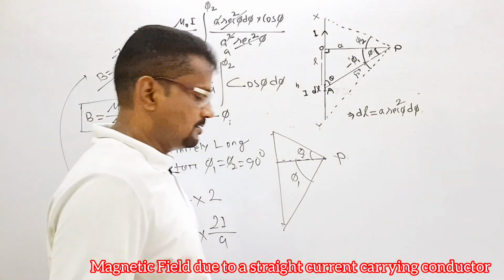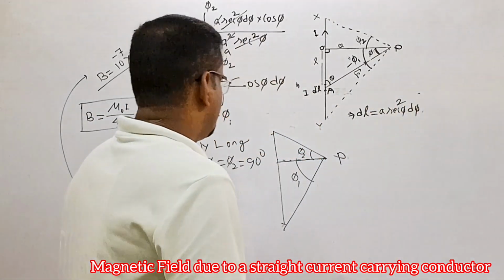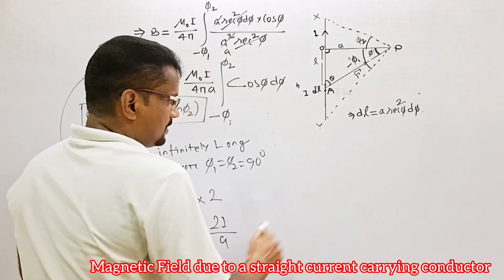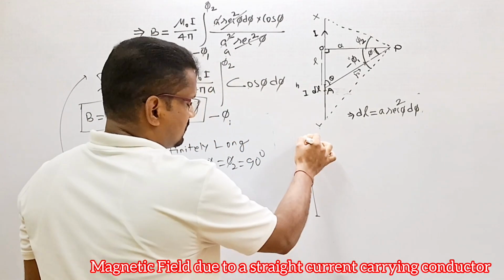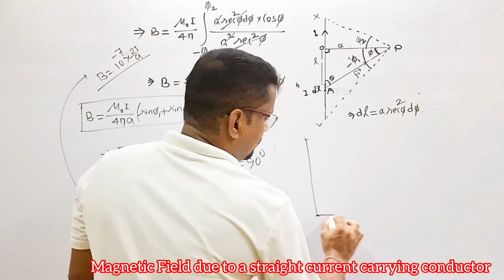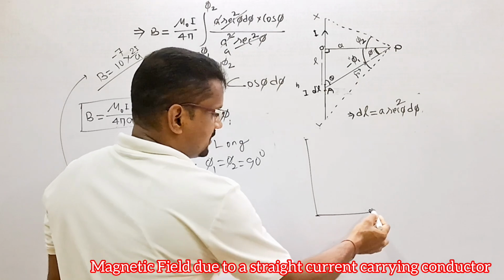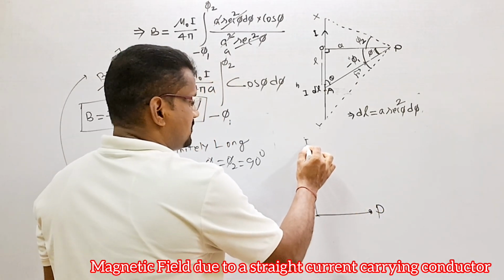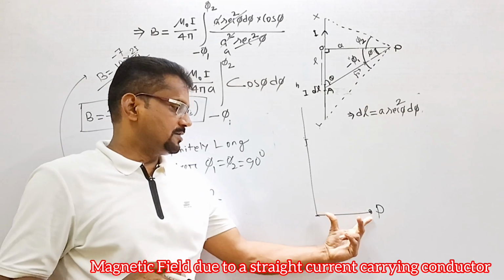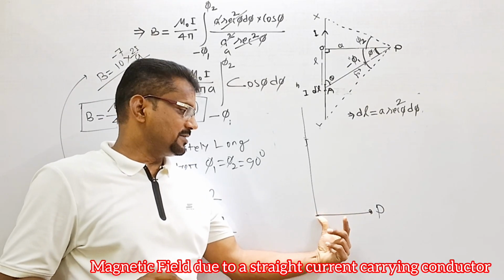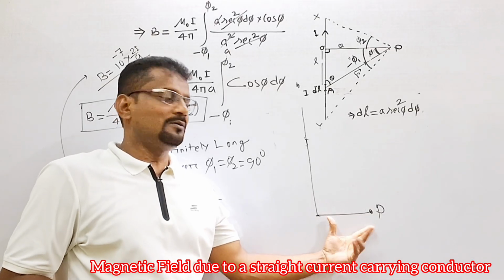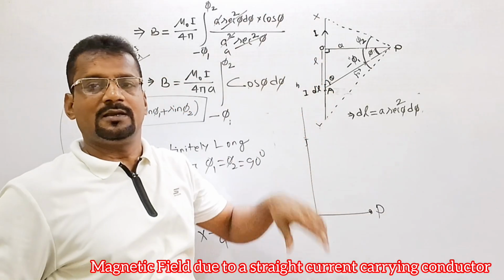Now the second case, another special case. This is the same conductor, and the point P lies at one end, and the conductor is infinitely long at the other end. So P lies near one end of the conductor, and the other end is infinitely long.